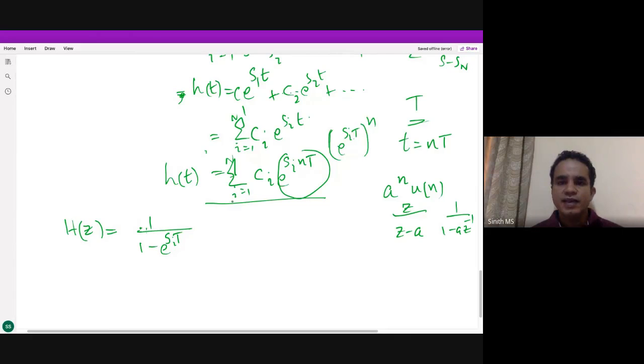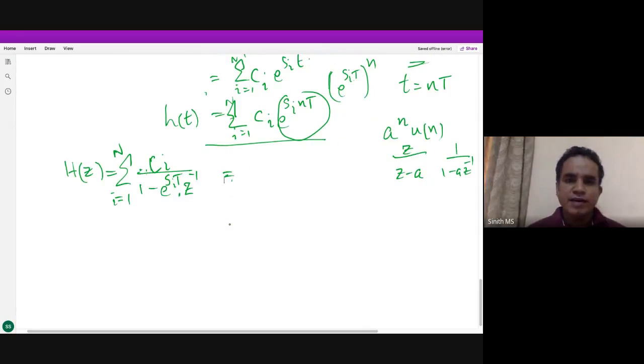So for each term you can do that, and it becomes a summation again: sigma Ci by 1 minus e raised to si T z inverse.